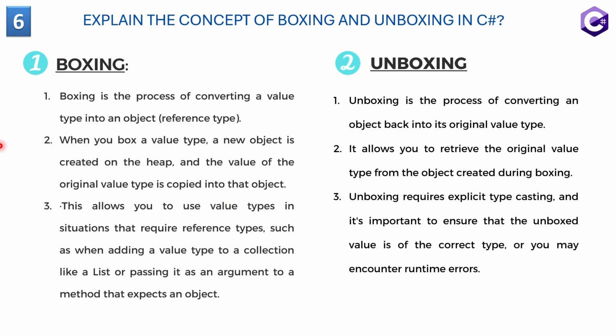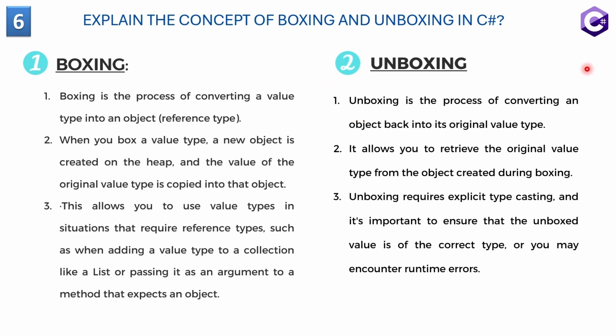This basically allows you to use value types in situations that require reference types, such as when adding a value type to a collection like a list, or passing it as an argument to a method that expects an object. So that's boxing.